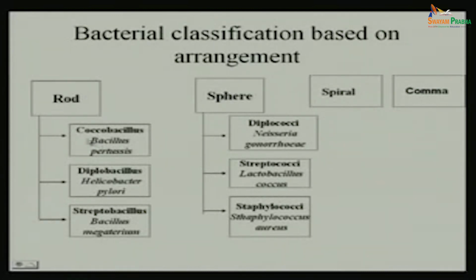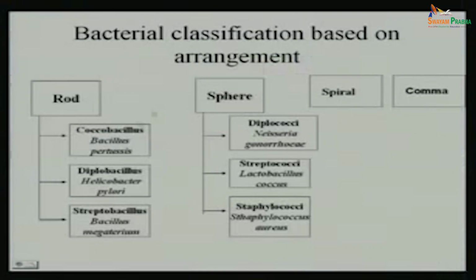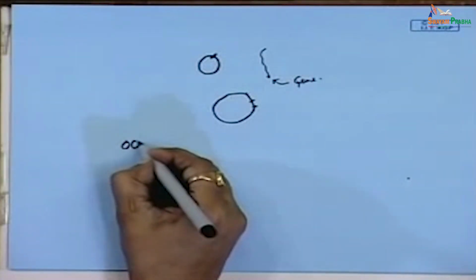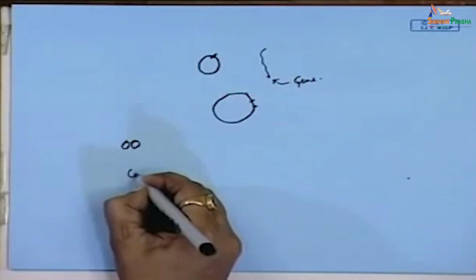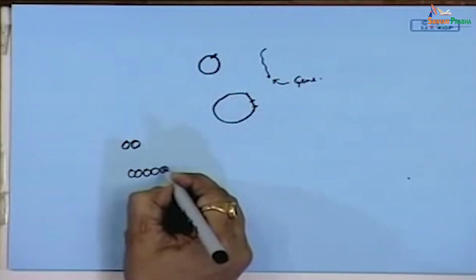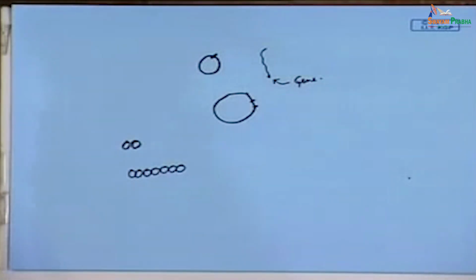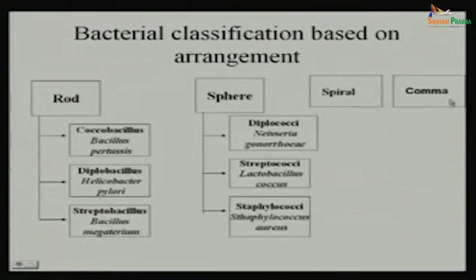So, here it is whether one rod, two rods or a group of rods are there. So, these are the classifications. When we are talking about the spheres, then it is Diplococcus, that means two cocci are arranged. Streptococci form a chain-like structure, and Staphylococcus is where a bunch of bacteria, just like grapes, are attached together.